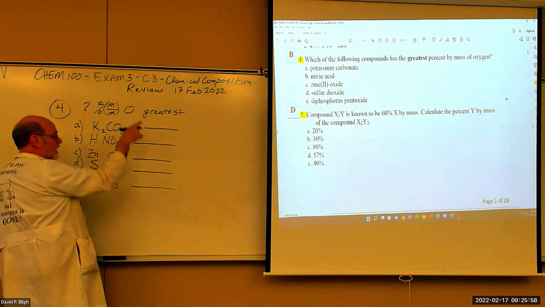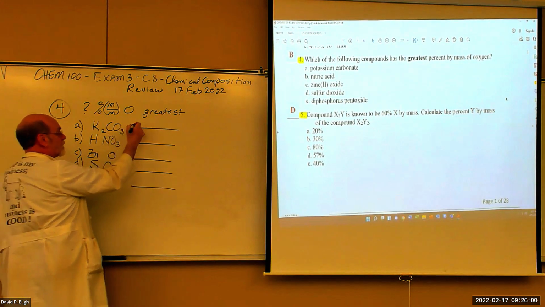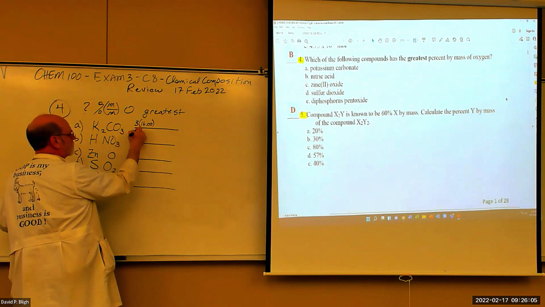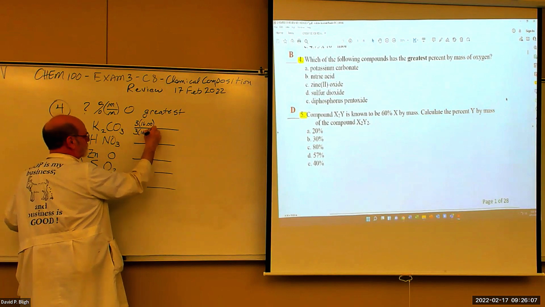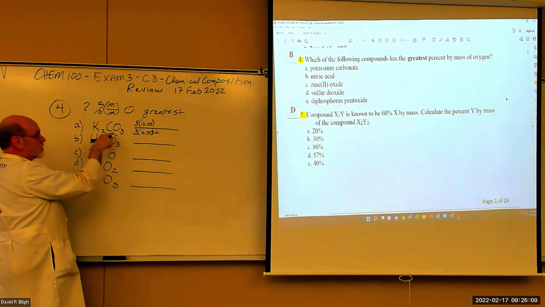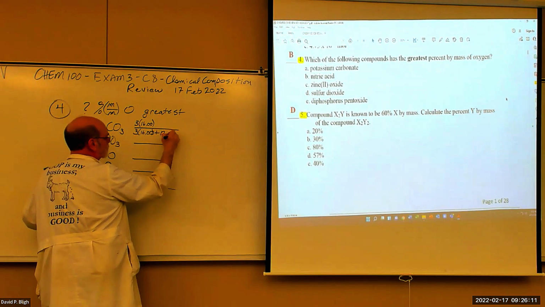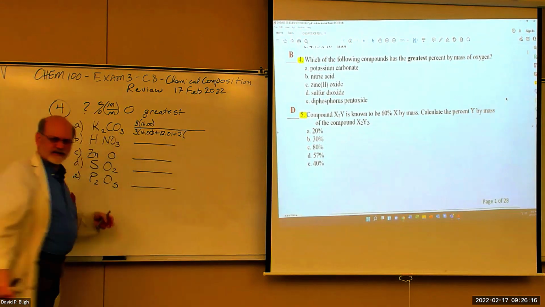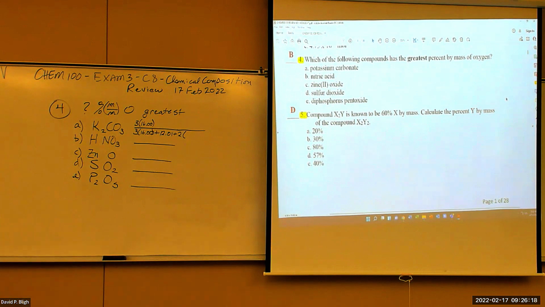So in the numerator, you're going to have 3 oxygens here. But then on the bottom, you're going to have to add carbon and 2 potassiums. Potassium is 39 something, I believe.